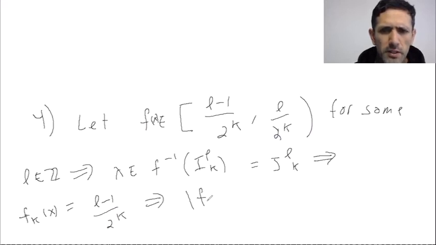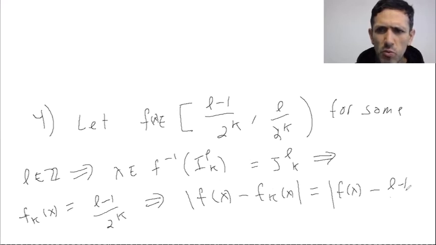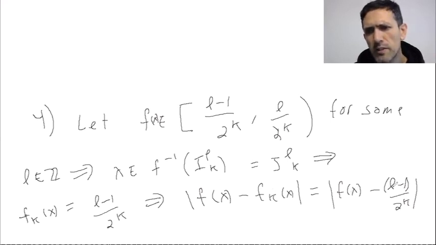So that implies f of x minus fk of x, well, this is going to be minus (L minus 1) over 2 to the k. Well, f of x is in this interval, so the most this could be is when f of x is L over 2 to the k, in which case this is L over 2 to the k minus (L minus 1) over 2 to the k.